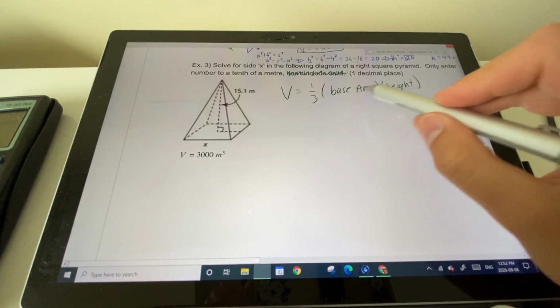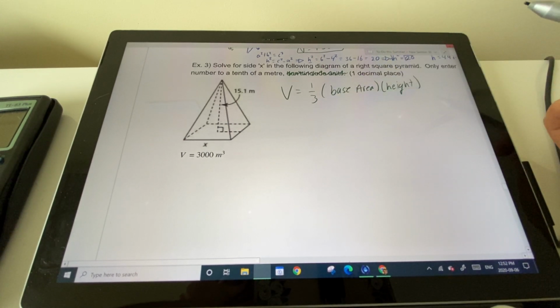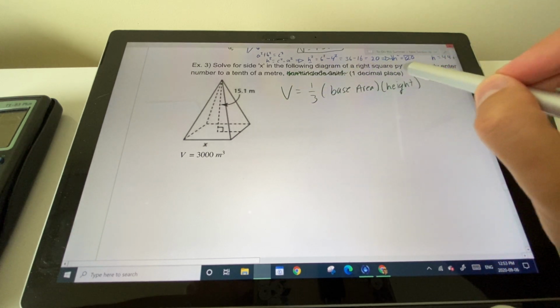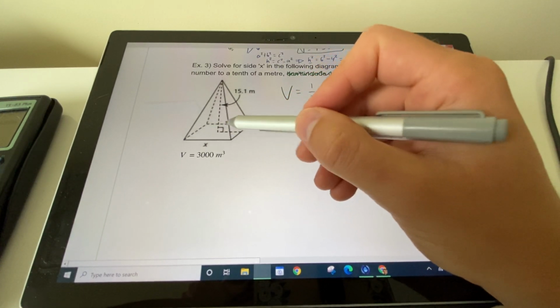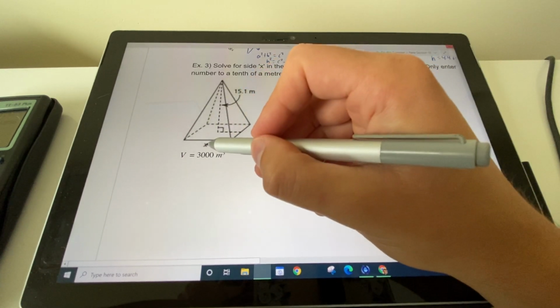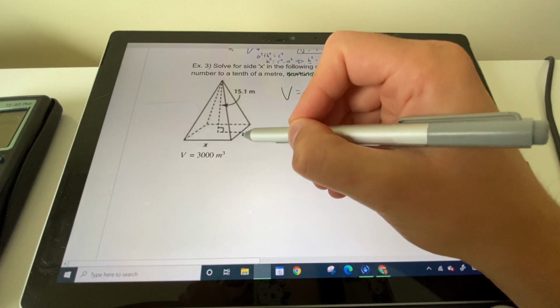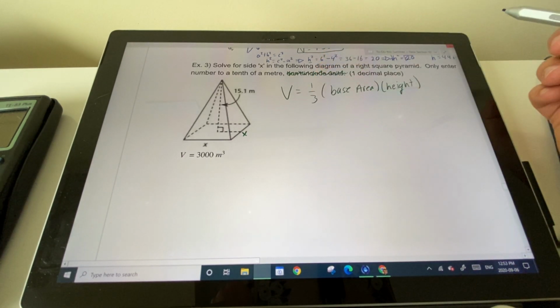Well, what is the base area? What the heck does that mean? Well, if we look here, this is a square pyramid, so this bottom portion here is a square. This side is x, and this side is x since it is a square. A rectangle has different side lengths, but these are the same.